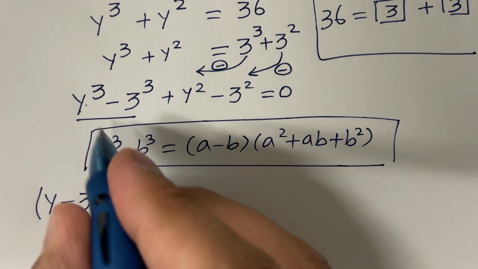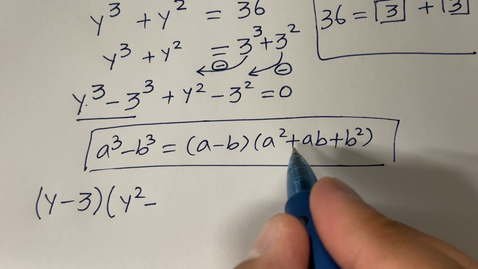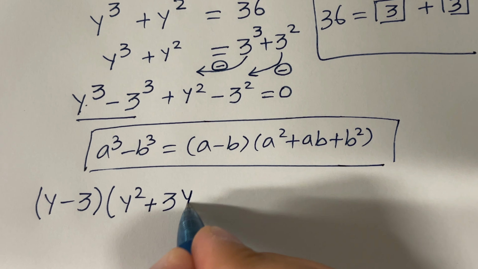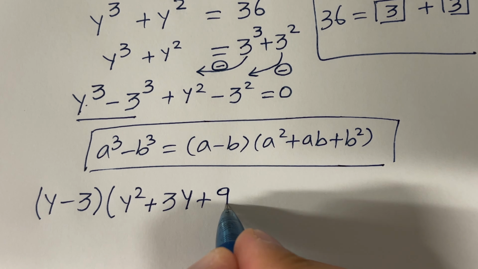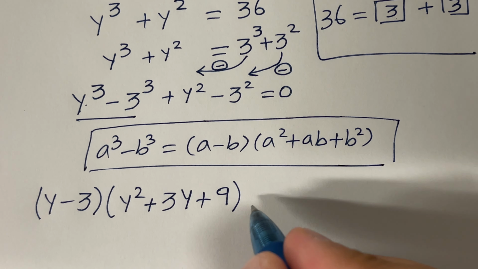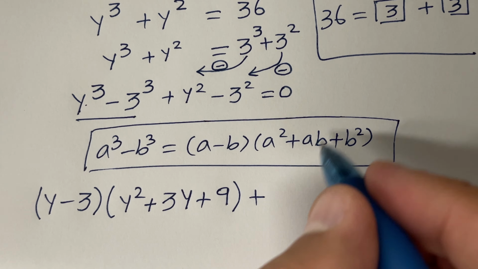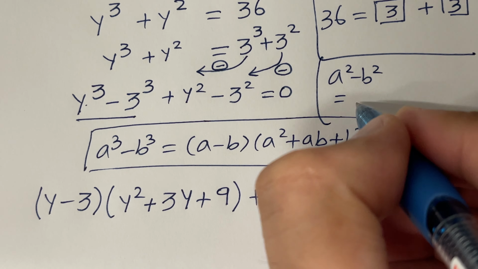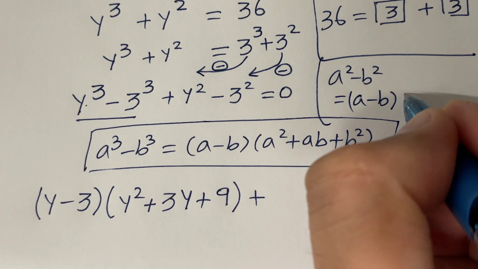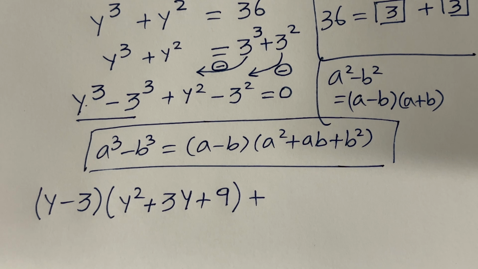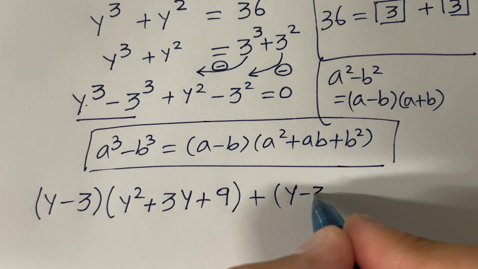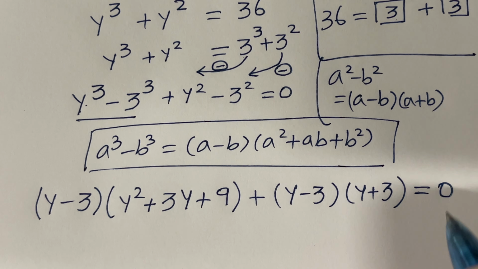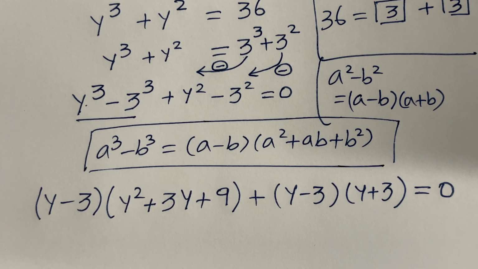So (a minus b) times a square means y square, plus a times b is 3y, plus b square means 3 square, which is 9. Plus, here I will use the formula that says a square minus b square is equal to (a minus b) times (a plus b). So we will have (y minus 3) times (y plus 3), and the right hand side was 0. So we have two formulas I'm using here.